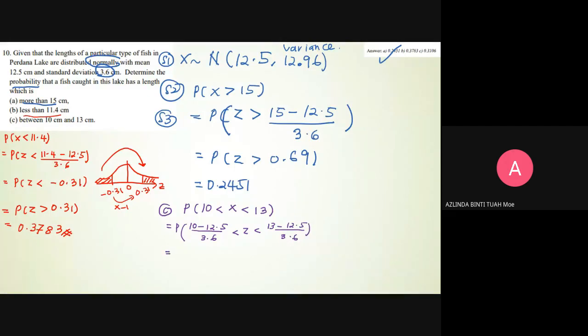Please find the value. Negative 0.69. And then the second one, 0.14. Okay.